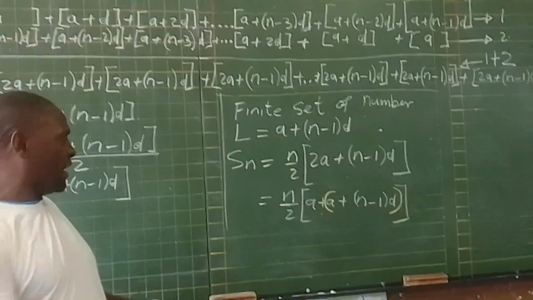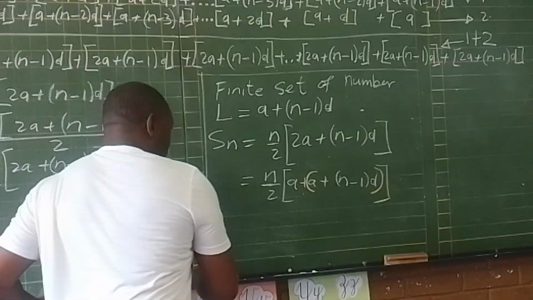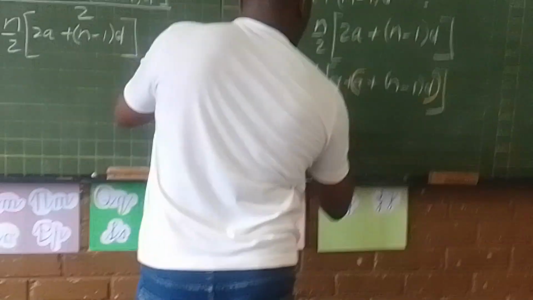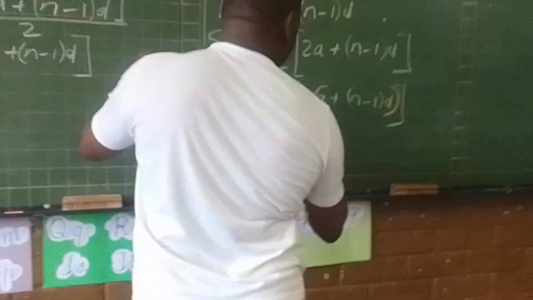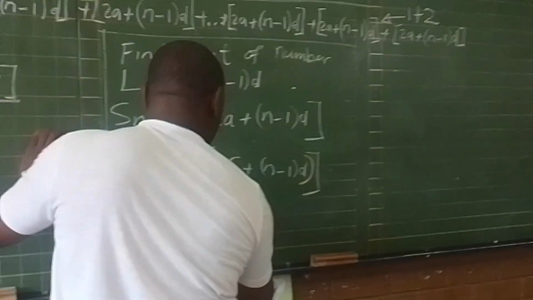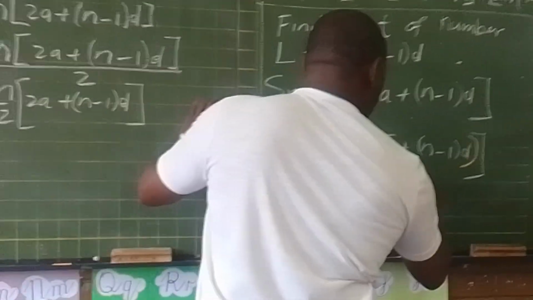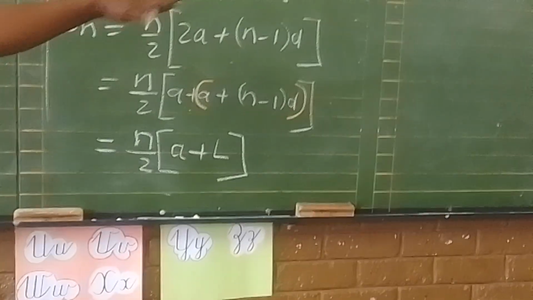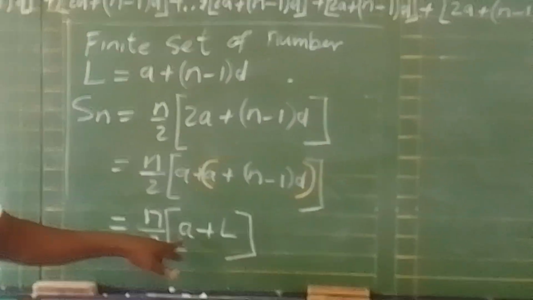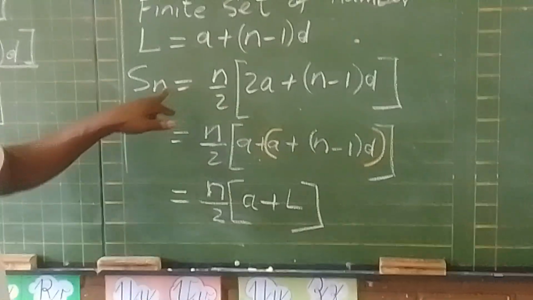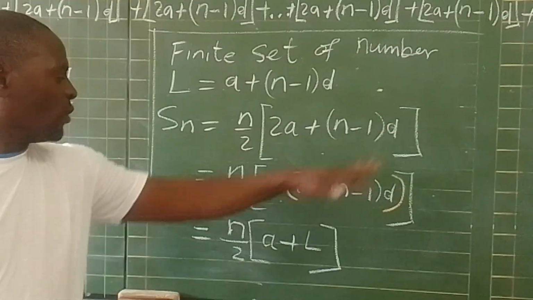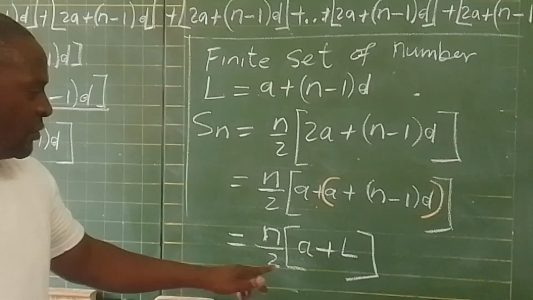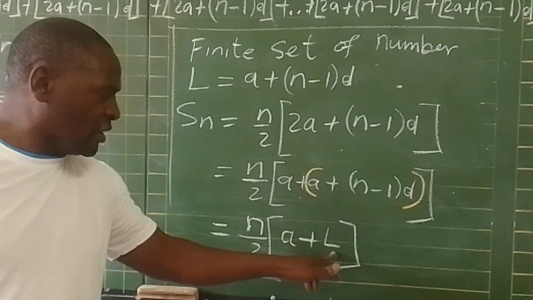You can call it L. So we can come and say n over 2 multiplied by a plus L. So when we have the finite set of numbers, you can change this Sn equal to n over 2 of 2a plus n minus 1d to be n over 2 into a plus L. Now you have the first term and you have the last term.